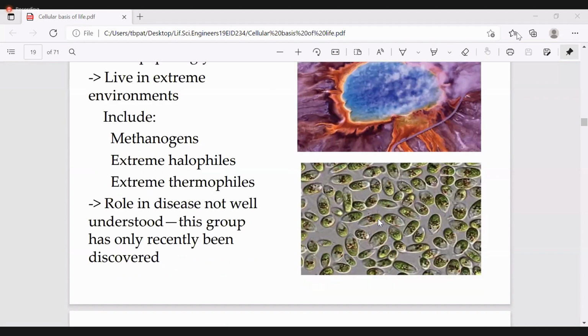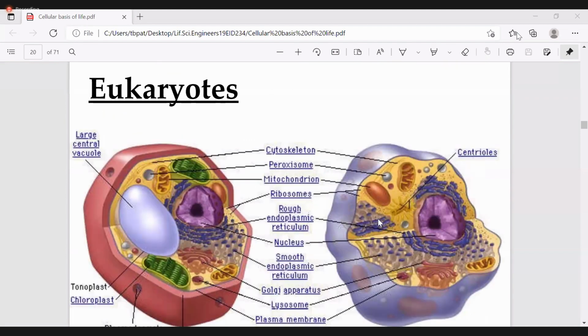Next is eukaryotics, the developed one. One is the plant cell and another is the animal cell. In both cases, the biggest vacuole is found in the plant cell, while in the animal cell the vacuoles are smaller.